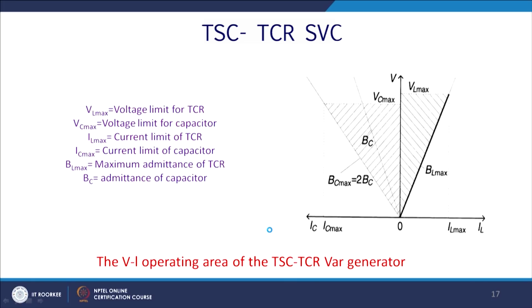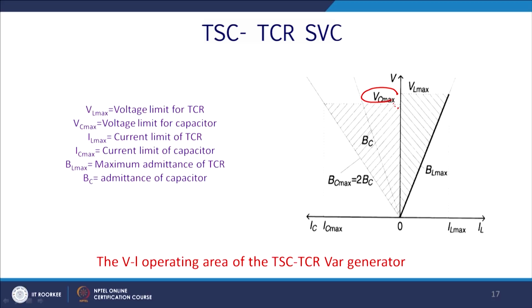So, this is the admittance curve. You require to keep the rating of the TCSC a little below that of the TCR because of the voltage swelling of the capacitor. So, for this, VC max you can go a little lower than VL max.